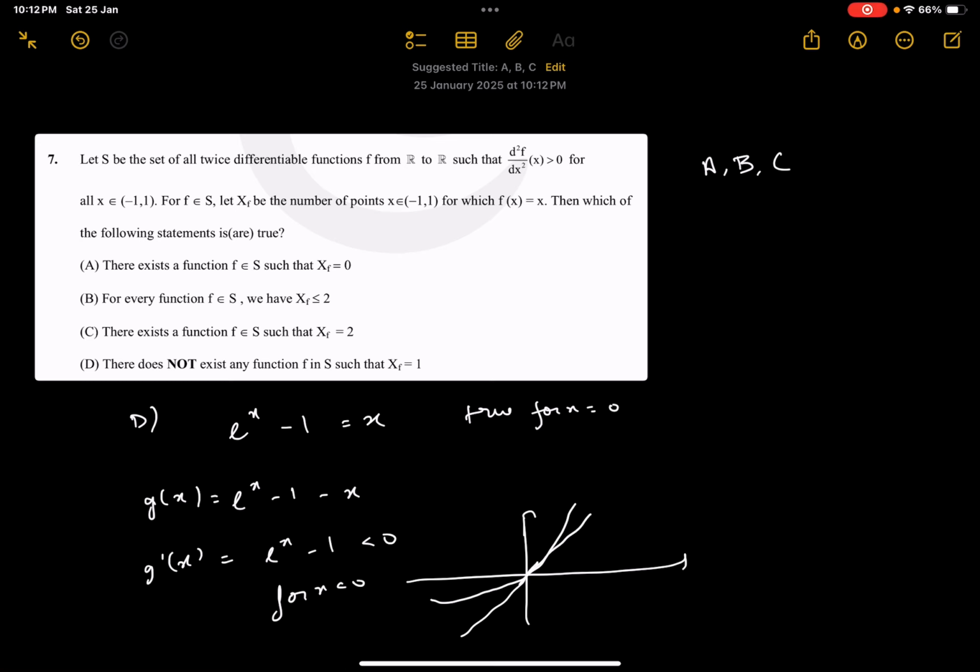So before 0 the function is decreasing, and after 0 it is increasing. So there's a minima at x equals 0 and the minima is equal to 0. So the function is strictly positive, that is e to the power of x minus 1 is greater than x for all x other than 0. So yeah, it only has one solution. So the answer is A, B, C.